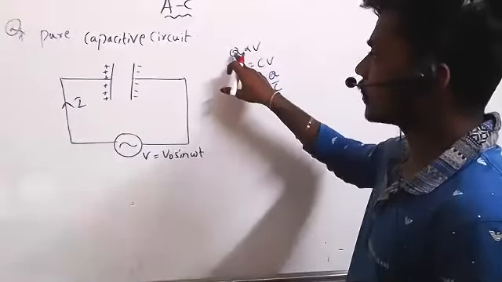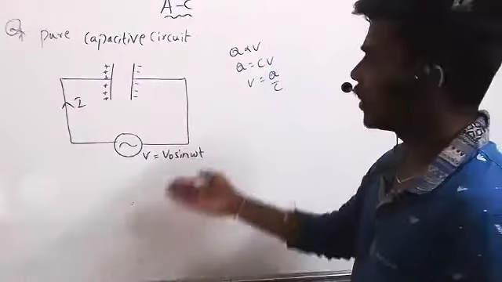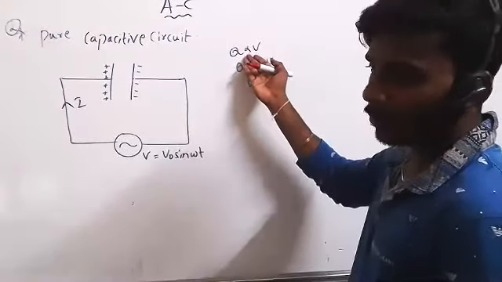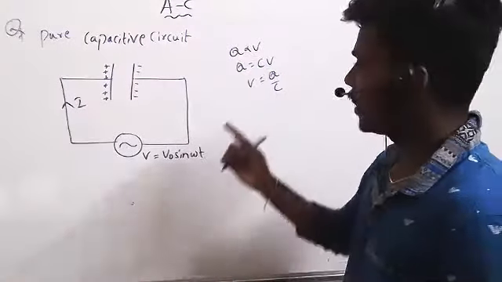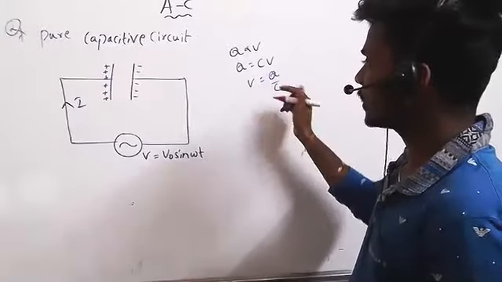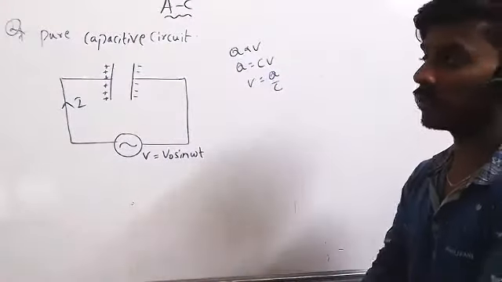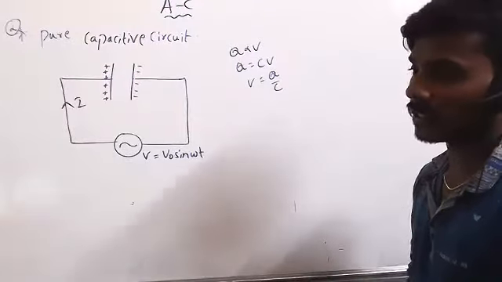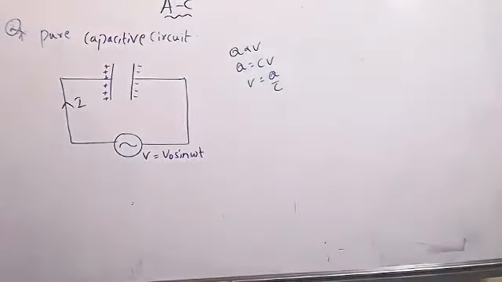How many charges you give, that much potential will increase in the conductor. So from that we removed the proportionality and gave C, that C is capacitance. From V equal to Q by C, a voltage develops in the capacitor. Understand clearly the potential and capacitor relation?